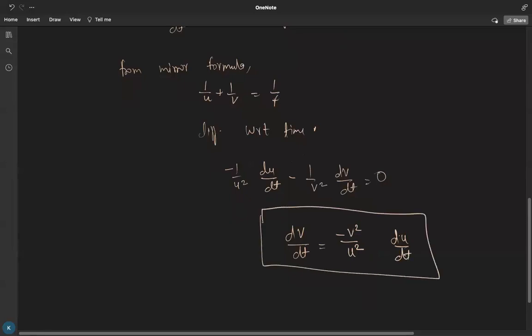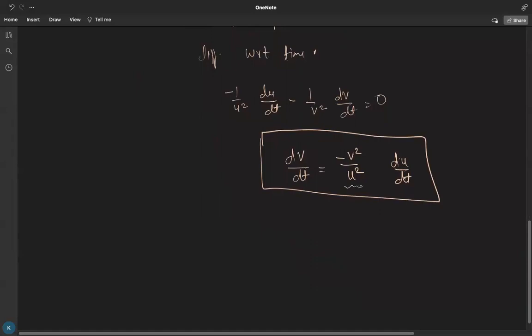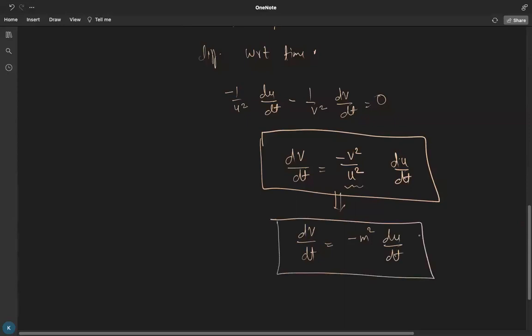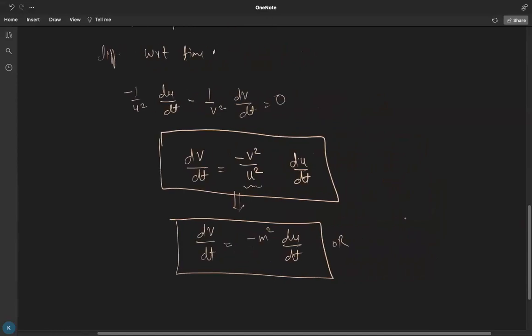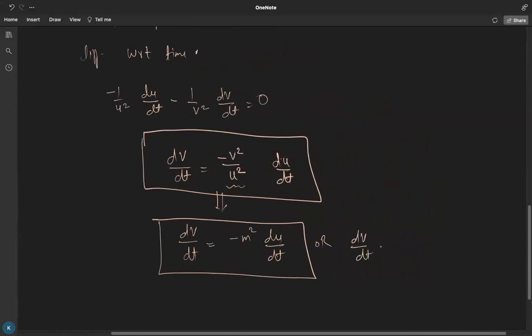Let me write it in a clear way, because u and v look quite similar. From the previous class we know that the v square by u square term is nothing but the longitudinal magnification. So dv by dt is equal to ml du by dt, where ml is the longitudinal magnification.